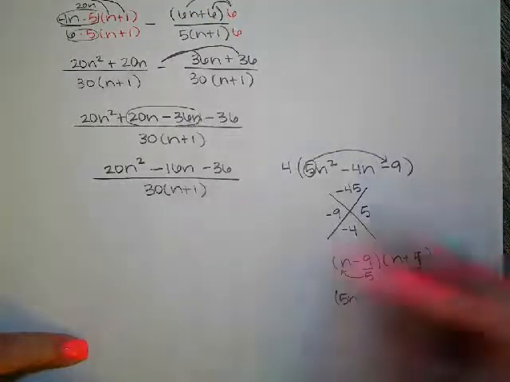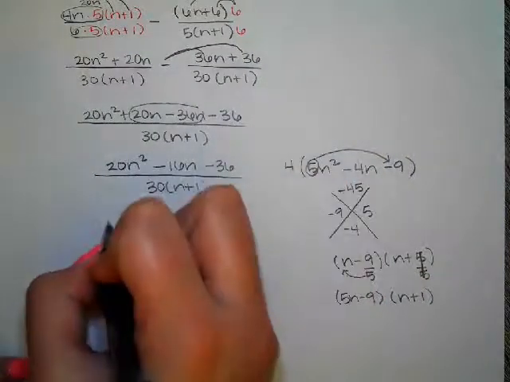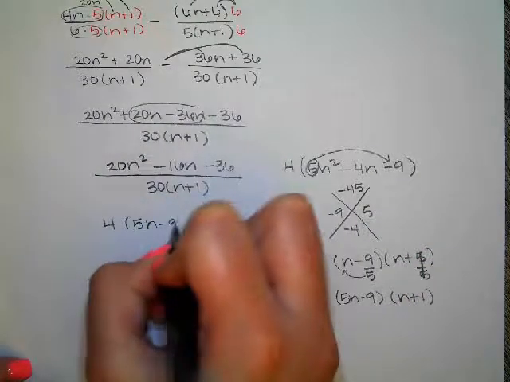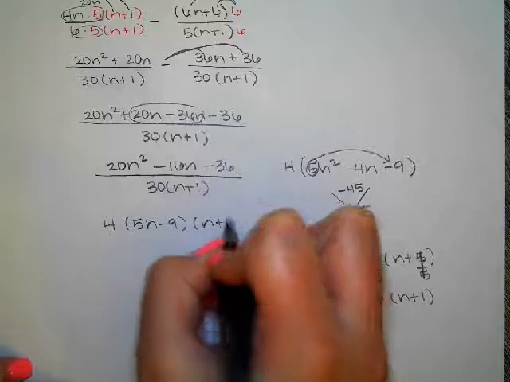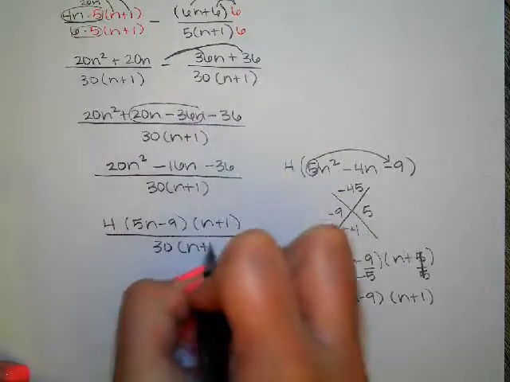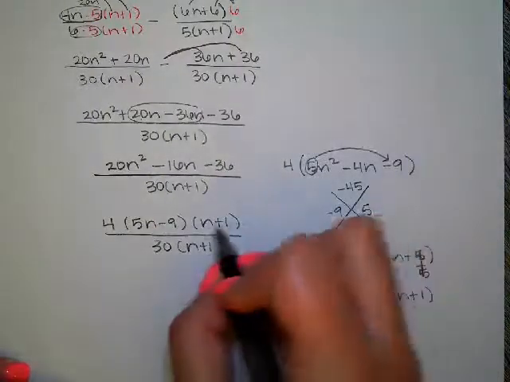We still have that GCF of 4 in the front. So when I write this step down, I've got the 4 in the front, I have a 5n minus 9, and I have an n plus 1. And then I've got the denominator. Okay. So my n plus 1s can cancel.